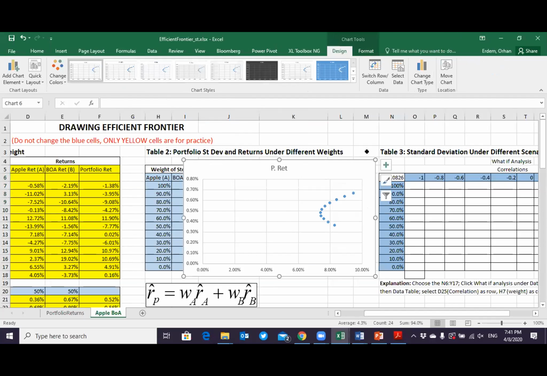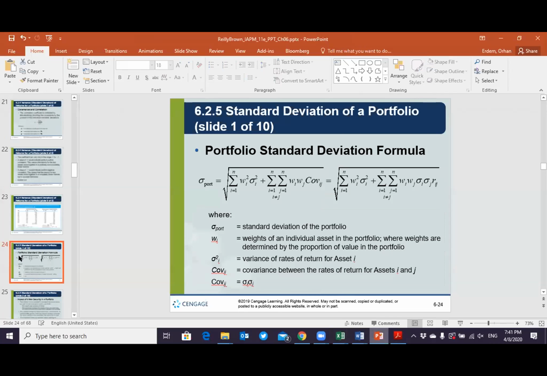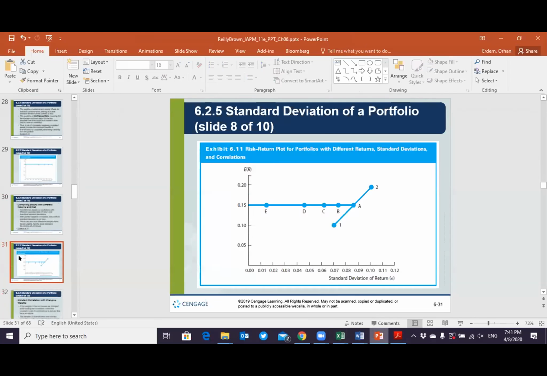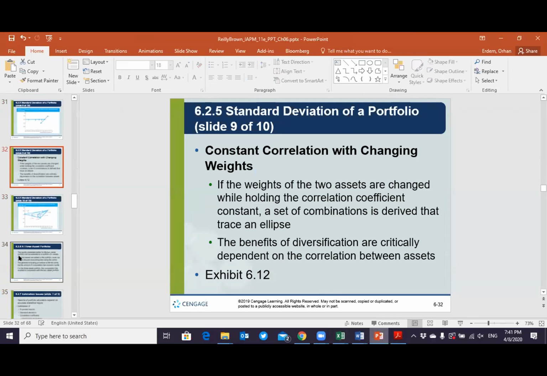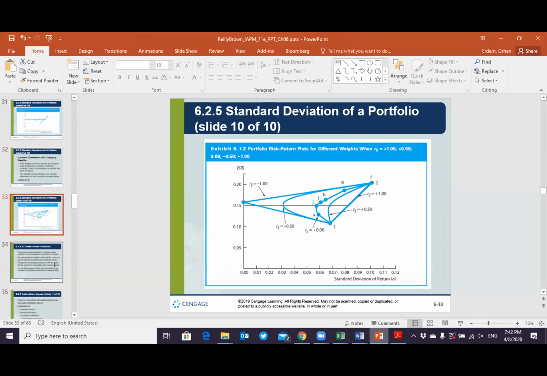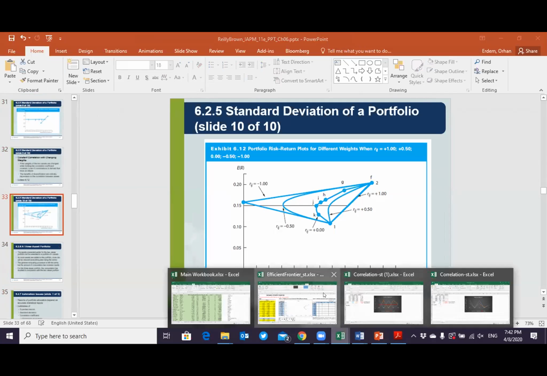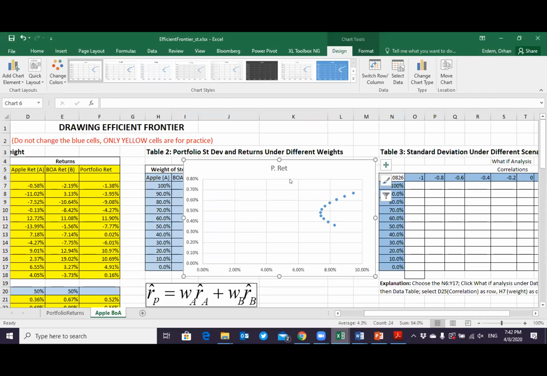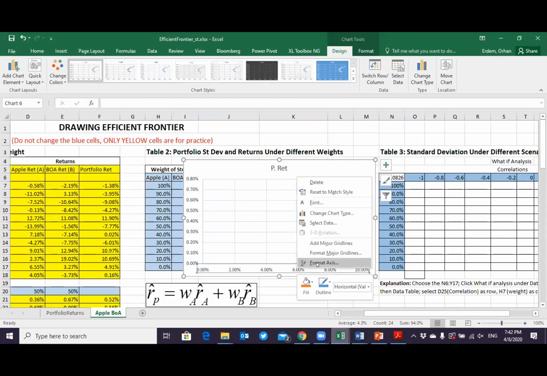Guys, the point is, I could have taught you using these real ugly formulas and then the slides, but you would never understand it. Now I'm just trying to make sure that you touch it, you experience it, and then hopefully, at the end of the class, you would understand what I'm trying to teach you, okay? So if you have this graph, right click on the axis, format axis, please.